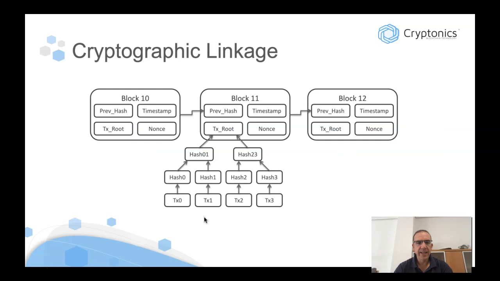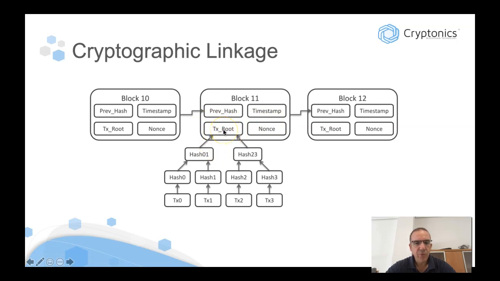So the actual link between the blocks is done cryptographically, and what that means is that if we look at the structure of a block, there's a timestamp, there's a nonce which is used in the mining process, which we'll discuss afterwards, and there are transactions.